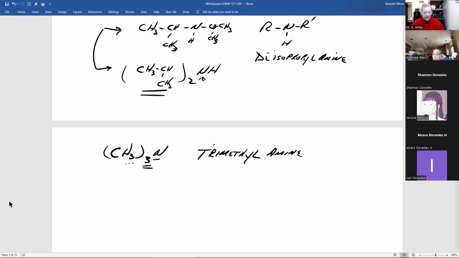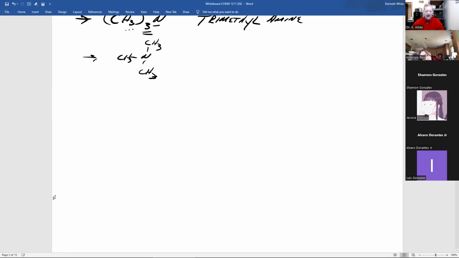Now, on a test, if you ever have to draw trimethylamine, either one of these is correct. On a test, my software likes to do that, so get used to it. Now, let me show you why, and something interesting that we won't have on our test.